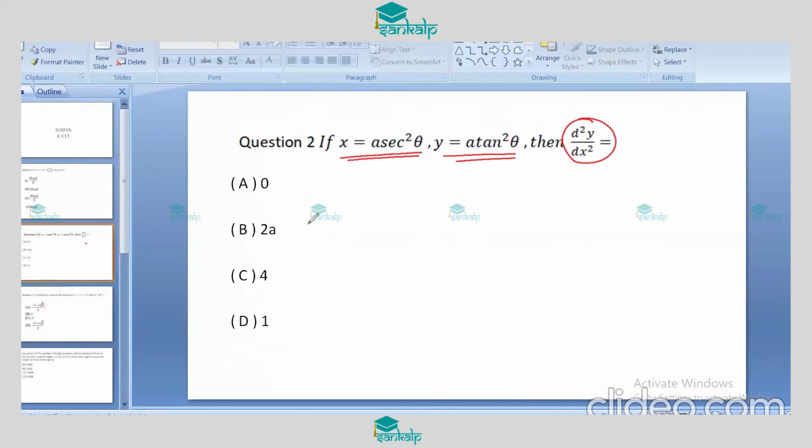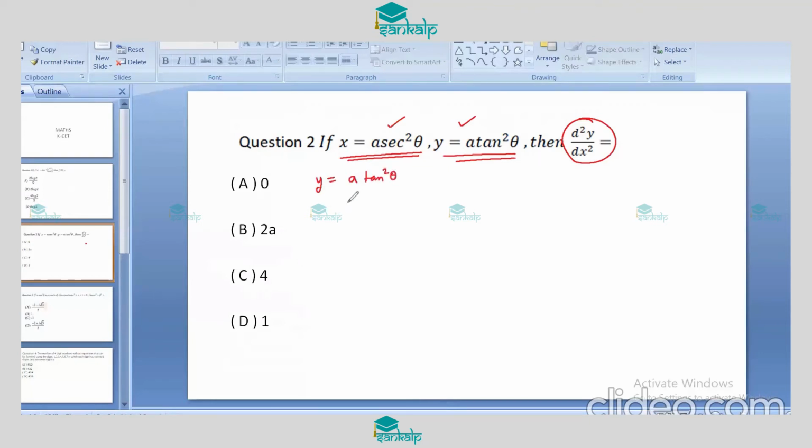So in order to find the second derivative, first of all, we have to combine these two equations and make a single equation where you must have y equal to. So y equal to, already we know it is tan square theta.